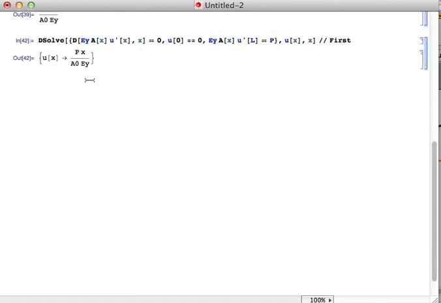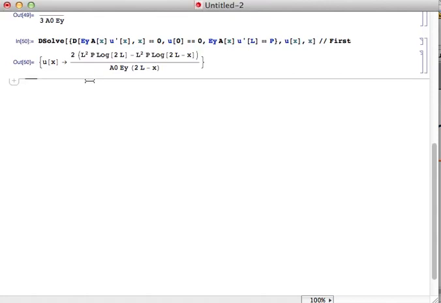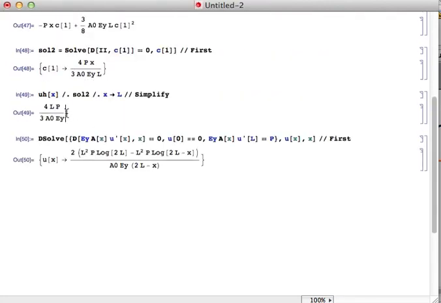So let's do that. So here is the approximate solution, approximated with one term, and here is the analytic solution. Okay, but we can't simplify. We don't know what those logs of 2L minus x are. So if we plug in some numbers, it'll help us.